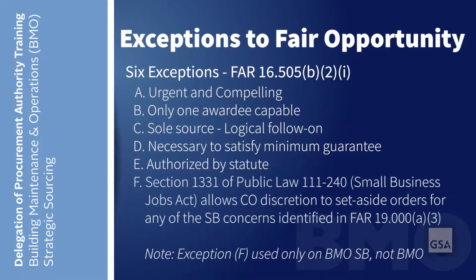Or Section F, in accordance with Section 1331 of Public Law 111-240, contracting officers may, at their discretion, set aside orders for any of the small business concerns identified in FAR 19.000(a)(3). We refer to a Section F set-aside as a set-aside within a set-aside, and this can be used on the BMO Small Business suite of contracts, but not on BMO Unrestricted.